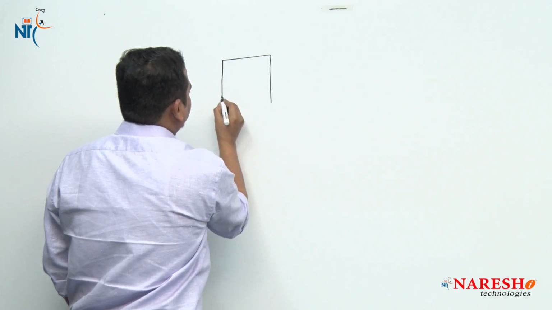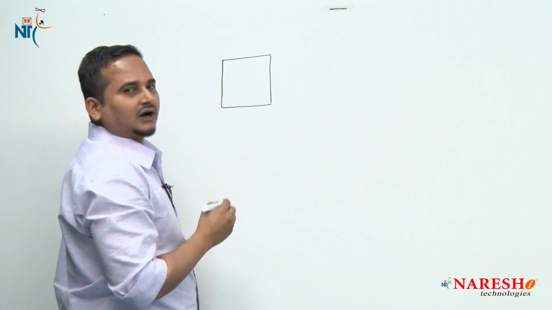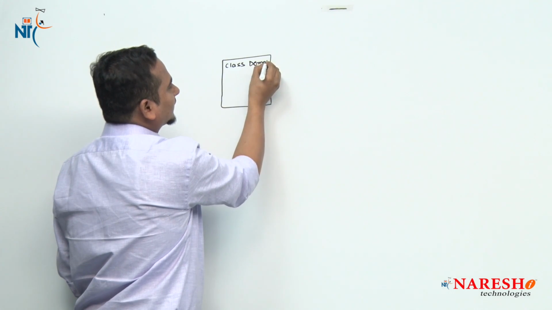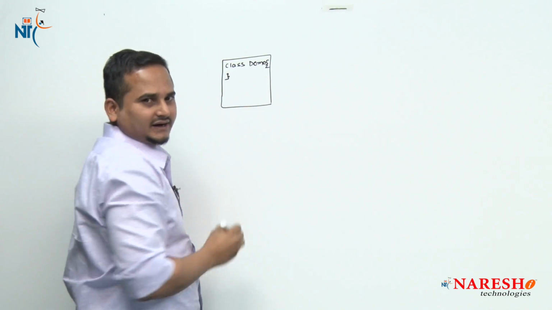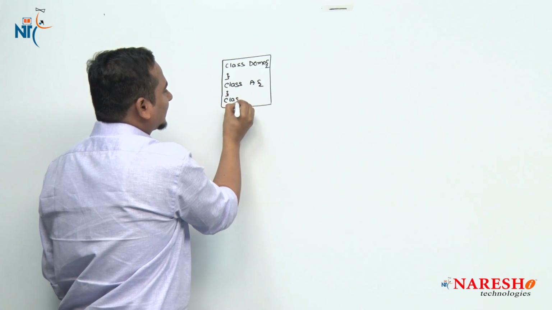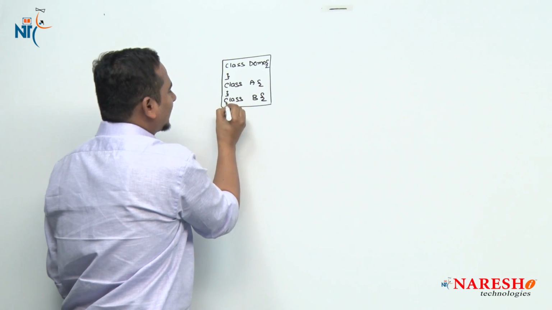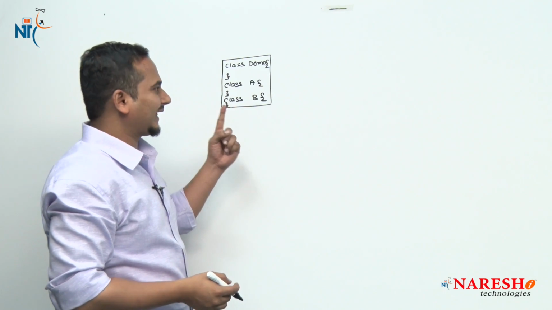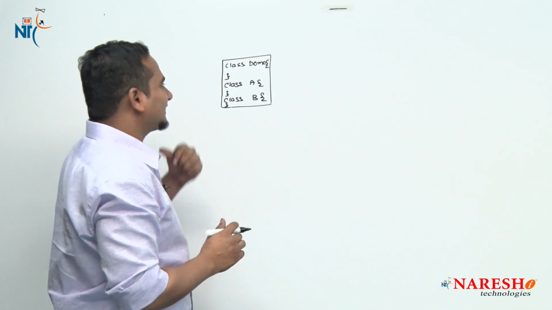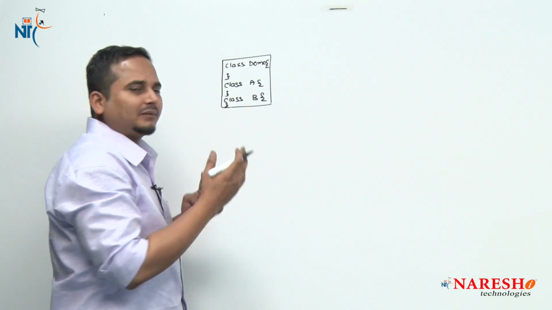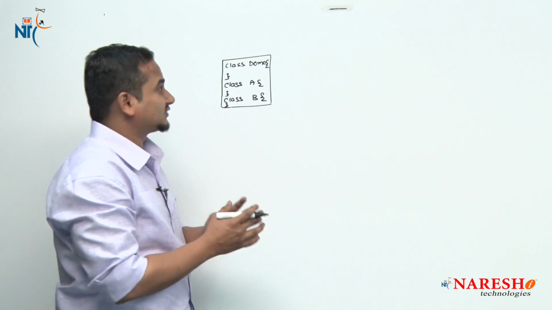So first let me take one Notepad. In this Notepad I am writing one small program: class demo, class A, and I am taking one more class like B. In this Notepad I am taking three classes: demo, A and B. After writing this program, if you want to execute the program on the machine, first we need to save this.